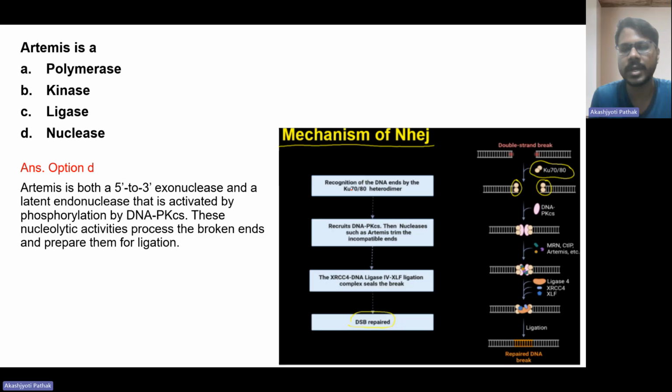It is being recognized by KU70 and KU80, and this in turn recruits the DNA-PKcs. Then nucleases: Artemis is a nuclease which trims the incompatible ends. For ligation, you need two ends which are complementary to each other, so this trimming is done by the nuclease activity of Artemis.